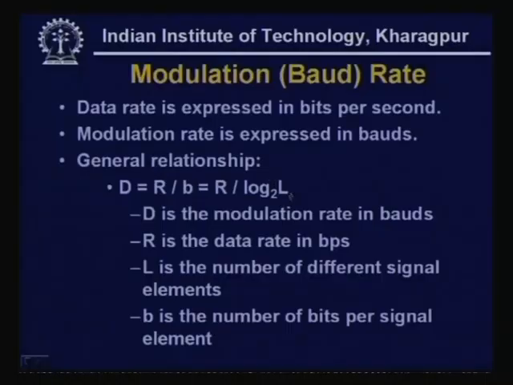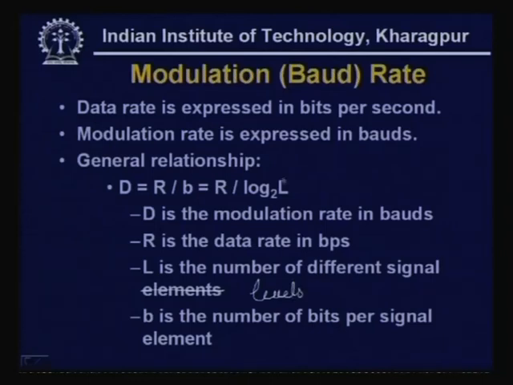So, depending on that the data rate can be more or less. Say for example, L is the number of different signal levels.